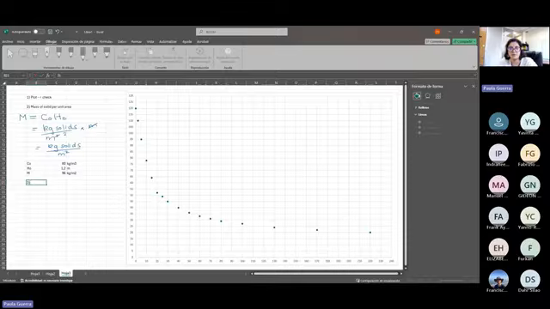So the third point is to calculate the design underflow concentration.